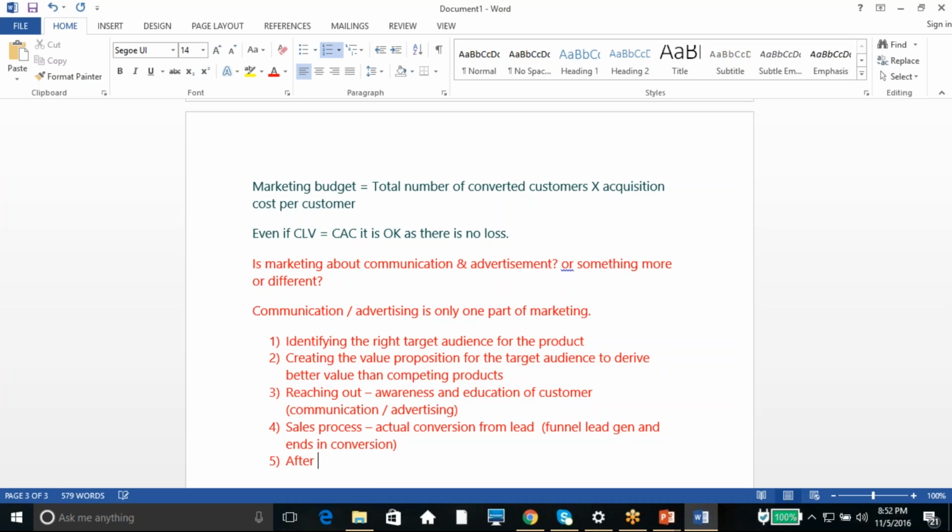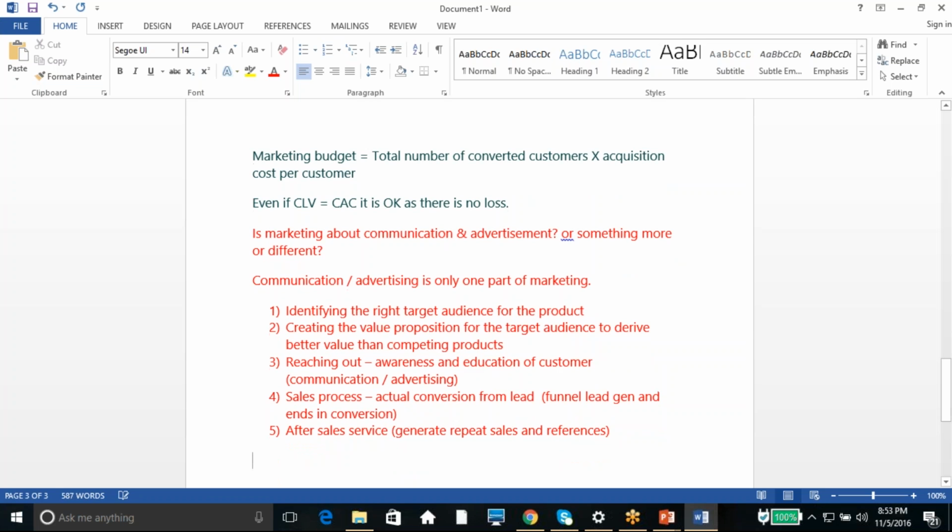And then you have after sales service to ensure that value is provided and new customers keep coming in, generate more repeat sales, and so that's the entire perspective of marketing.